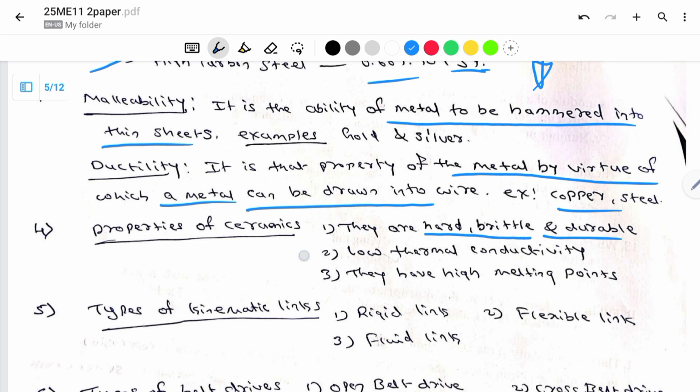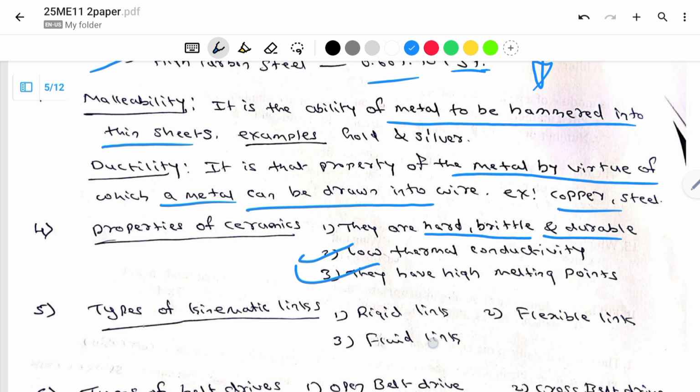If you are pulling, or applying a constant steady force, they will not break. Only sudden impact force can break these ceramic materials. They have low thermal conductivity, they don't carry heat, and they have a heat resisting property. They have high melting points, they don't melt easily.